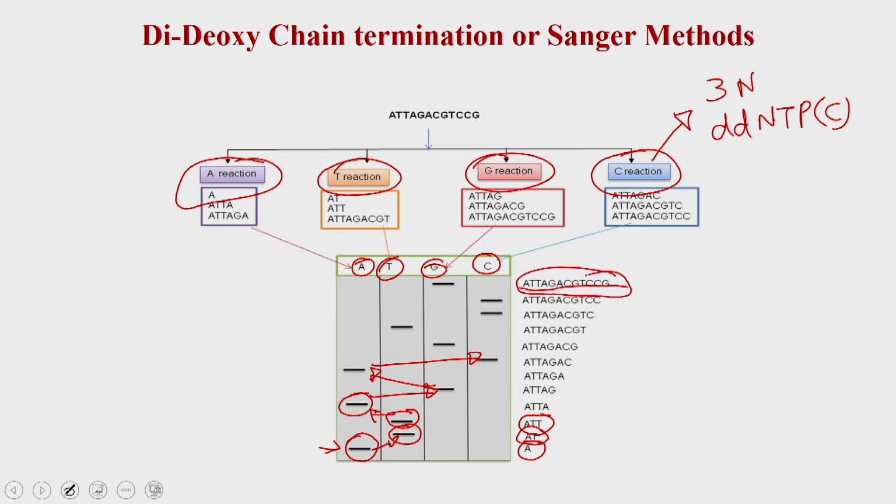DNA. In case you have bands at the same height, you will be able to distinguish simply by looking at the other nucleotides. You can understand this: in the case of A, all the termination happens on the A, and in the T all the terminations happen on the T. So, the terminal nucleotide is going to be T in the case of T reactions, and A in the case of A reactions, and that is what is given here.